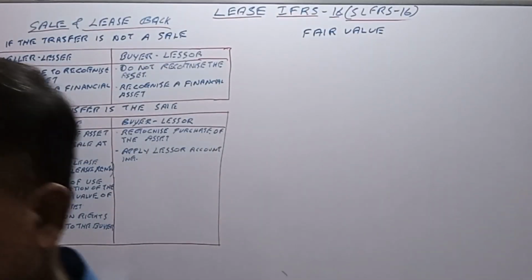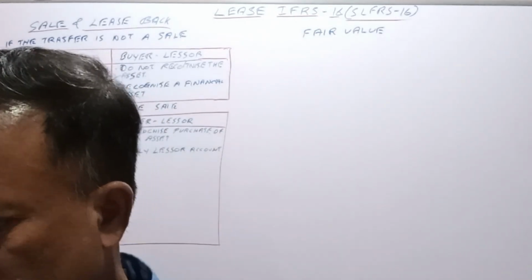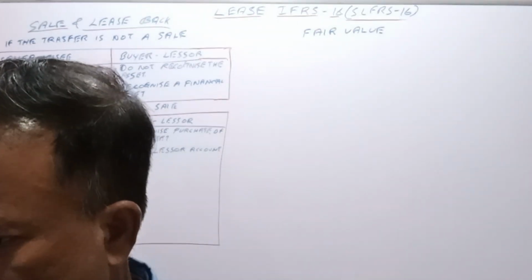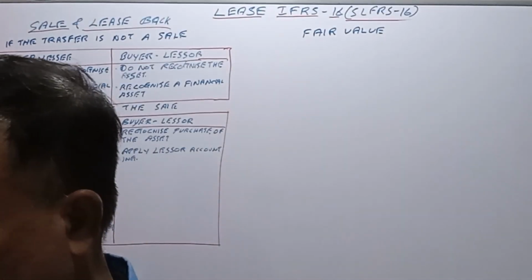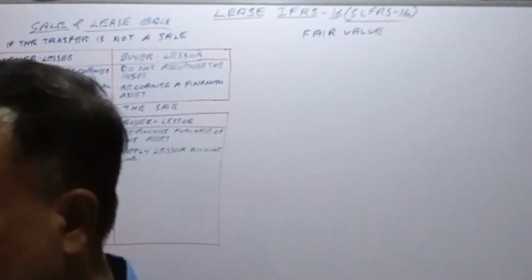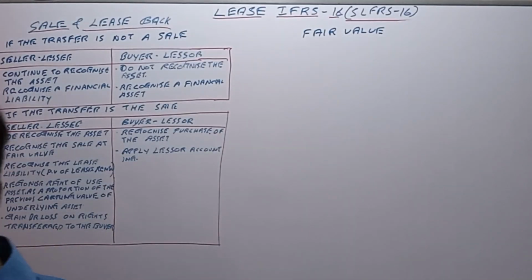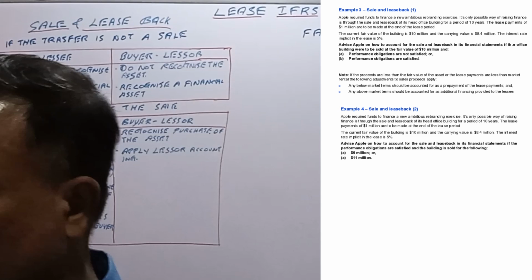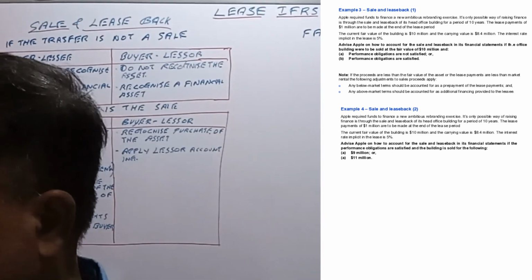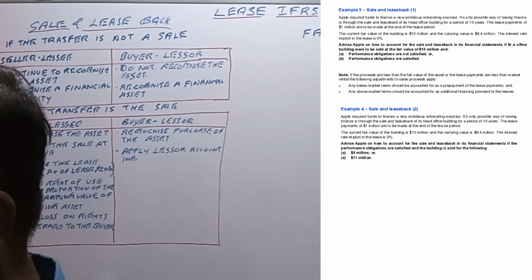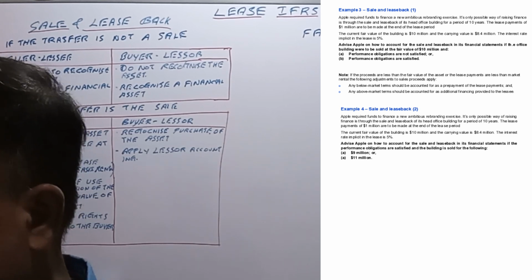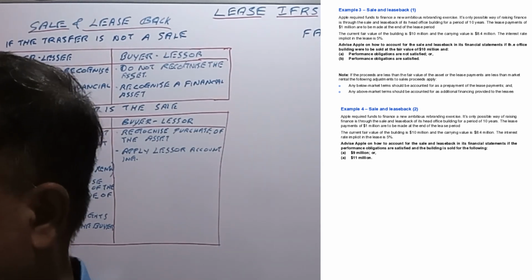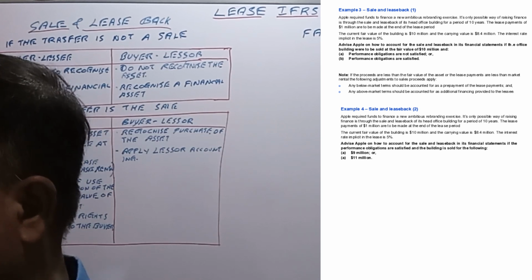In question number 3, it said A requires funds to finance a new ambitious rebranding exercise. The only possible way of raising finance is through the sale and leaseback of its head office building for a period of 10 years.